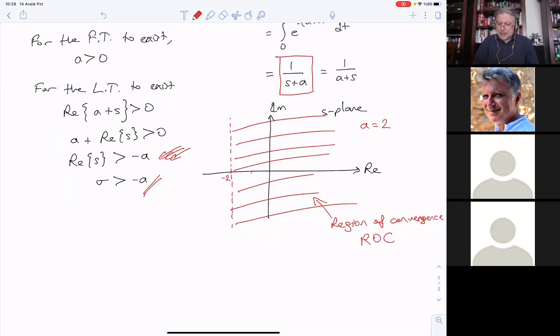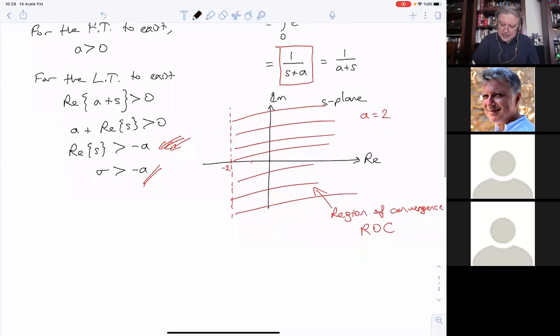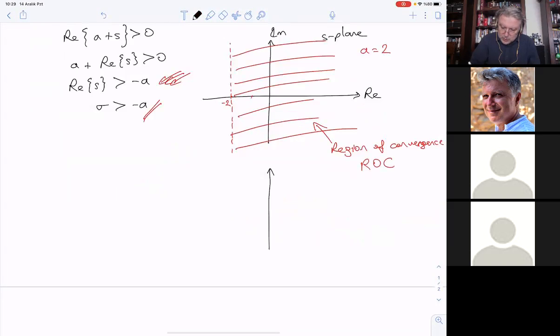Soon, or right now maybe, we will see an easy way to determine the region of convergence and its meaning. But before that, let's proceed a little bit with another region of convergence case, which corresponds to a equal to... So this is another S-plane, or the same S-plane actually, for another a.